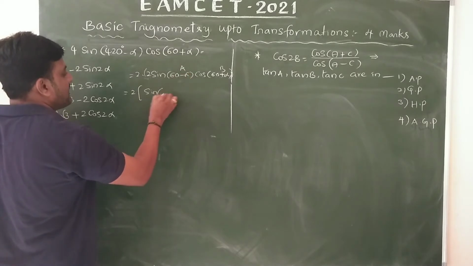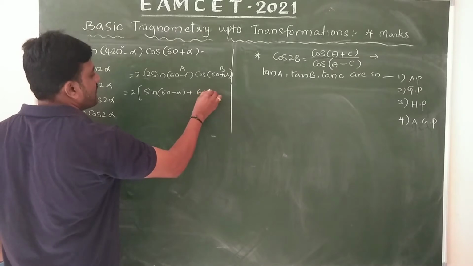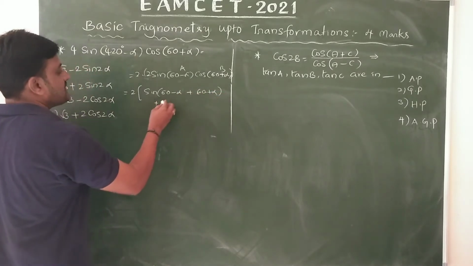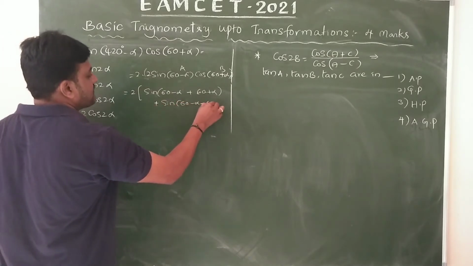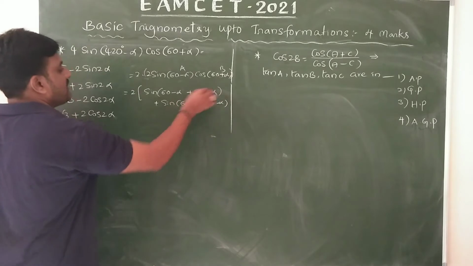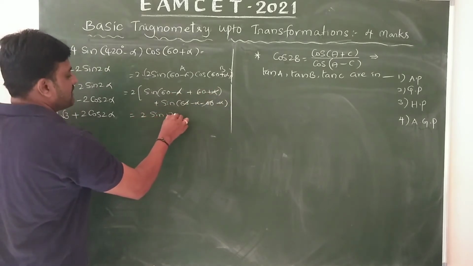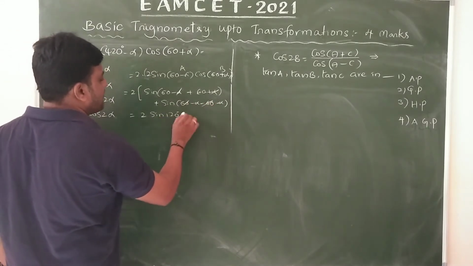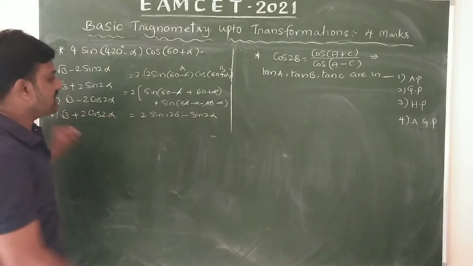Sin(A plus B) plus sin(A minus B). The alpha cancels. Then that equals 2 times sin 120 plus sin(minus 2 alpha), which is a minus sin 2 alpha. Minus sin 2 alpha.